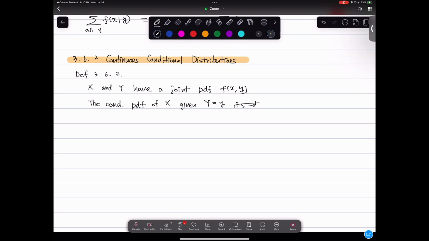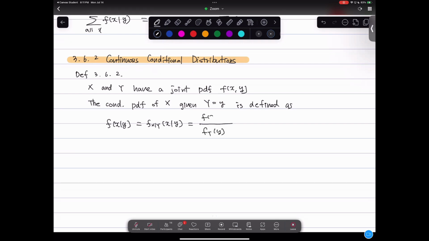It's exactly the same as before. It is defined as f of x given y, again written x given y, equal to the joint in the numerator and the marginal f of y in the denominator.